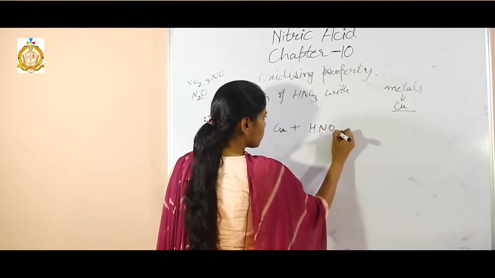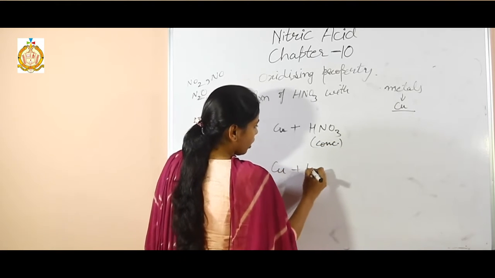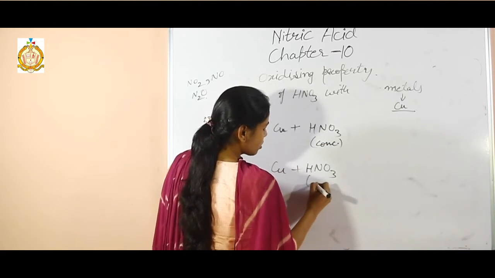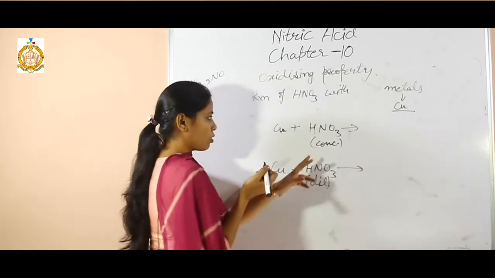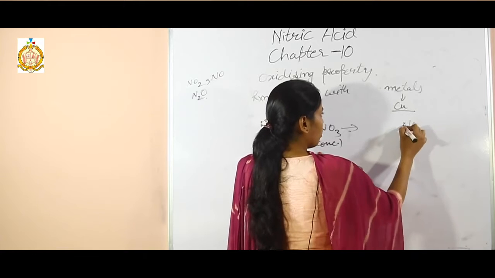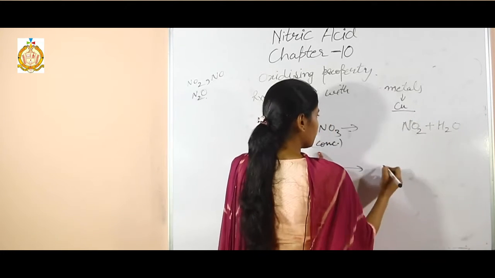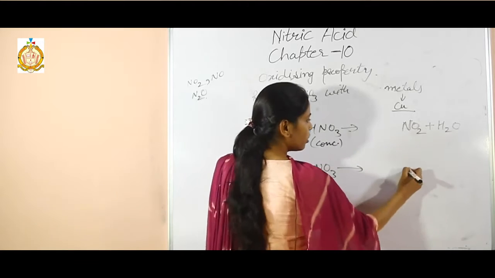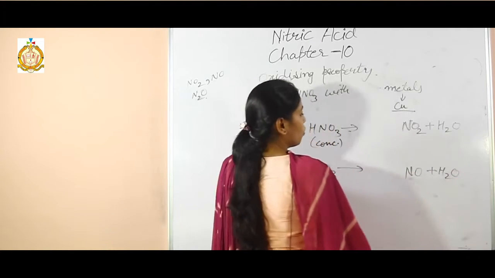Copper with HNO3 if it is concentrated, and copper with HNO3 when it is cold and dilute. What will be the product? With concentrated, one of the products you know very well. Now it is nitrogen dioxide, and another will be water. And here, with dilute, nitric oxide plus water.